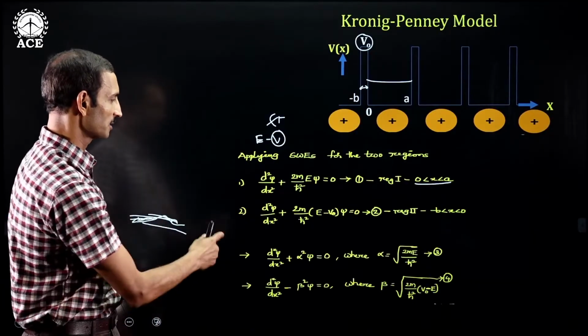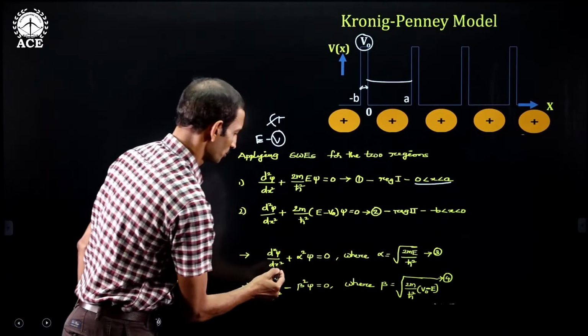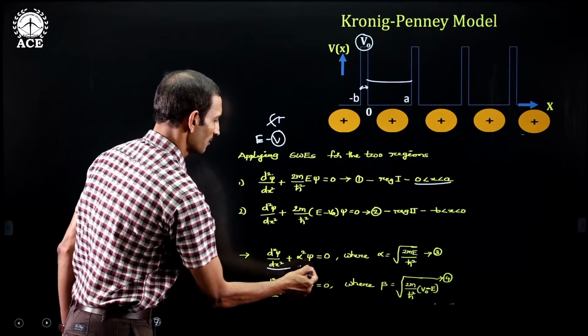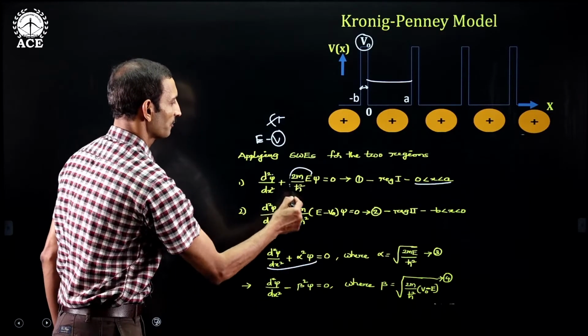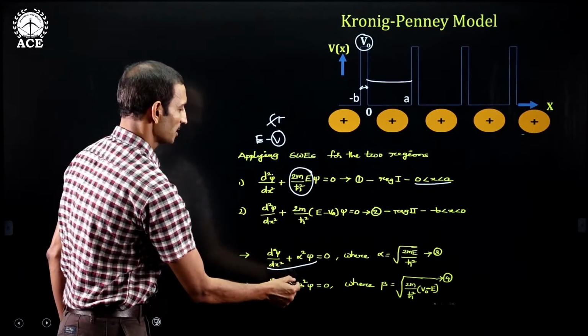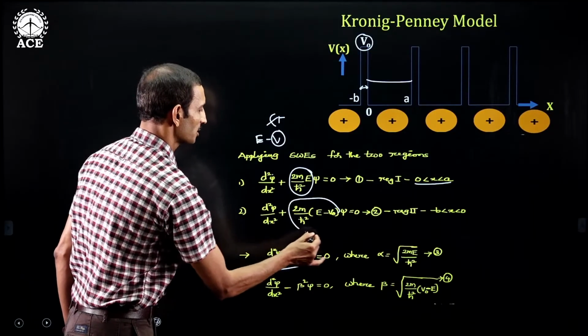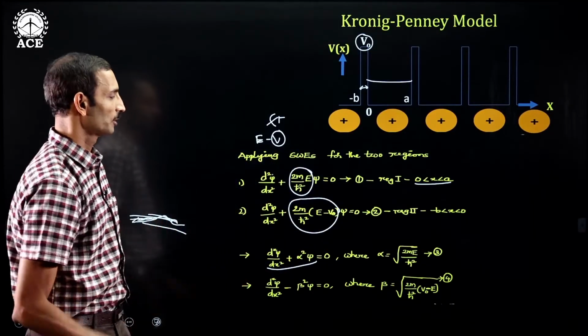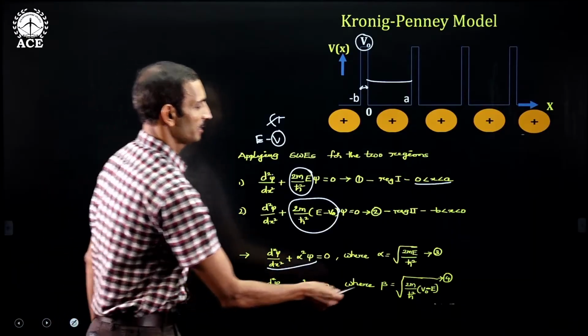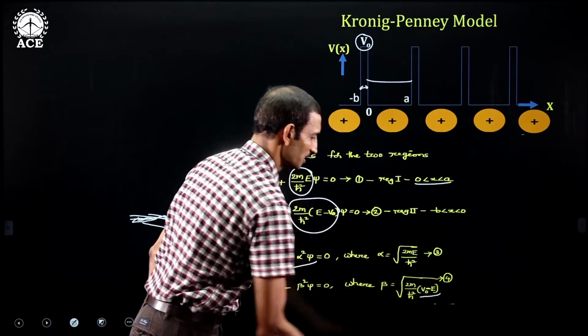Further they can be written like this, where this can be changed as alpha square psi. This is alpha square. This can be changed as minus beta square psi. This is minus beta square, right? Why did we write beta as V naught minus E?